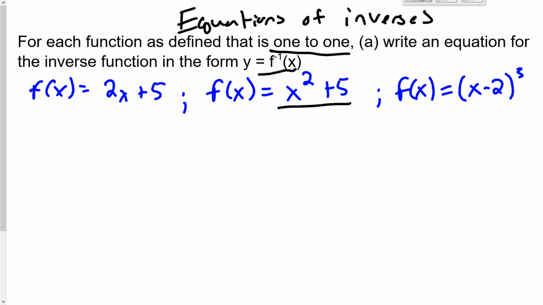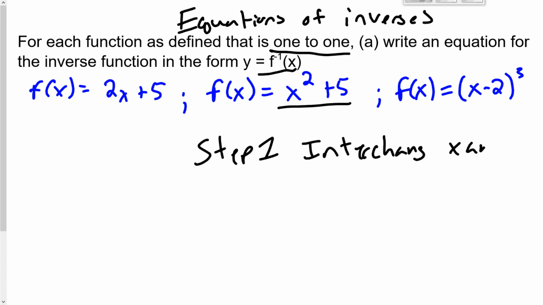The steps are, I did them in class, but here's 1, 2, 3. Step 1 to finding the inverse of an equation is interchange. Interchange your x and y, because basically finding the inverse is switching your x's and y's.